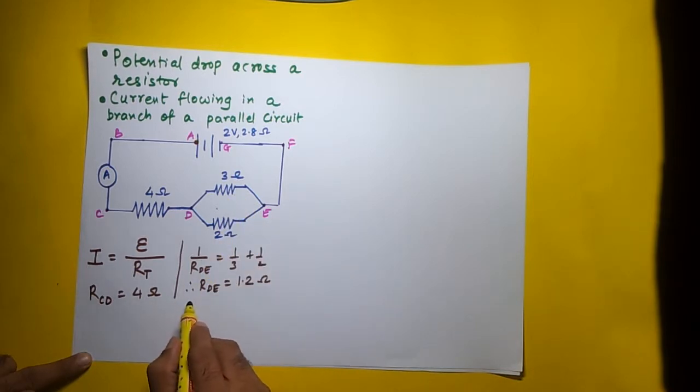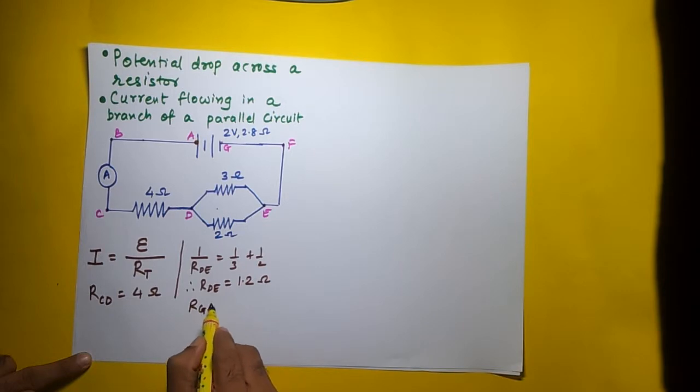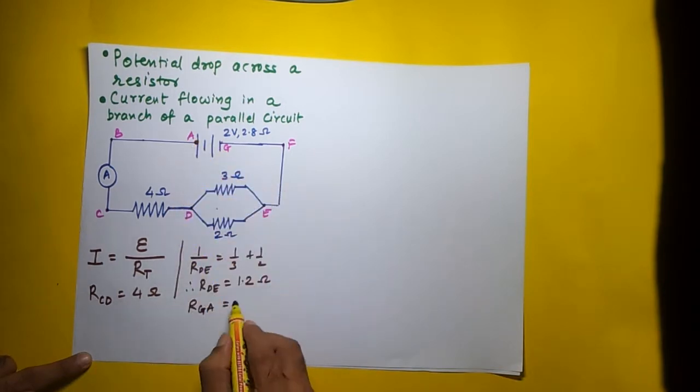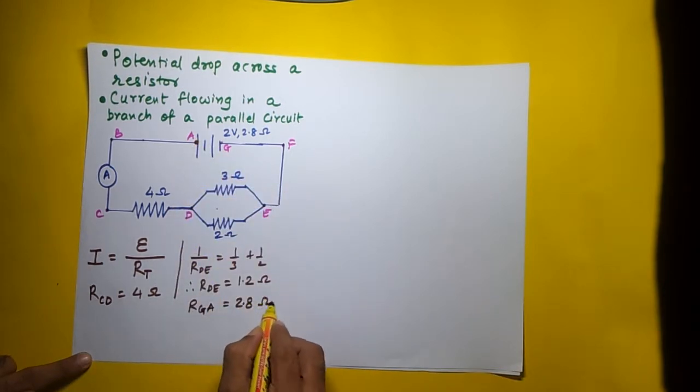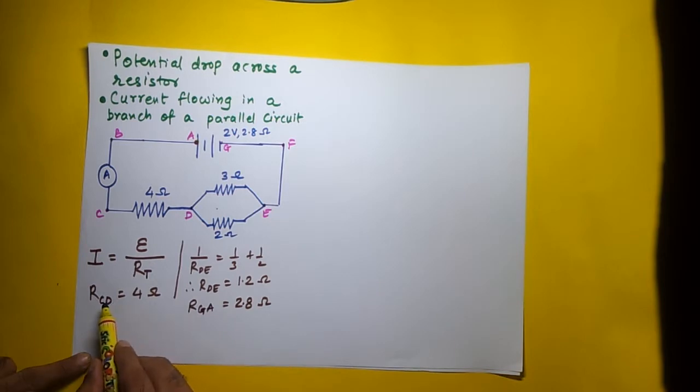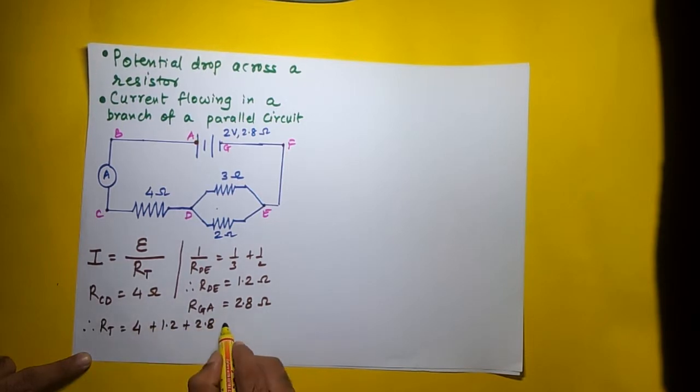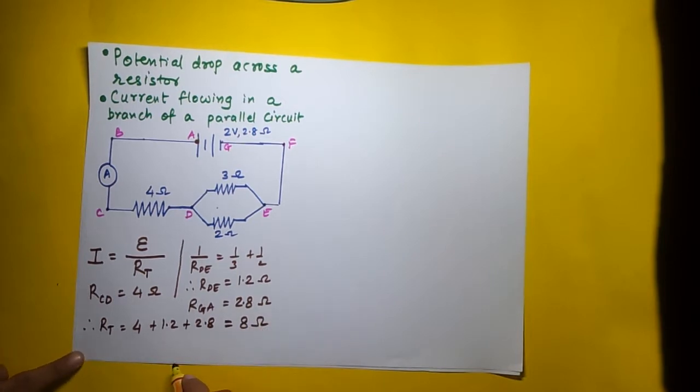Apart from that, we have RGA, which is directly given to us, internal resistance of the circuit, 2.8 ohms. So I have got 3 resistors in the circuit: RCD 4 ohms, RDE 1.2 ohms, and RGA 2.8 ohms. Therefore the total resistance of the circuit will be 4 plus 1.2 plus 2.8, and that will be 8 ohms. Now I can find out the electric current flowing in the circuit.